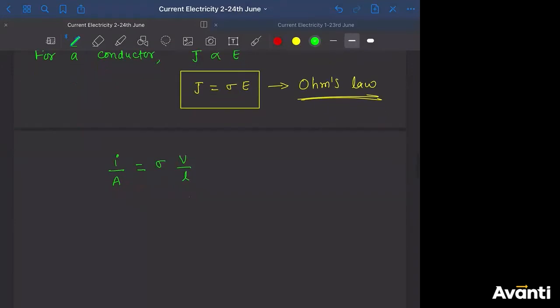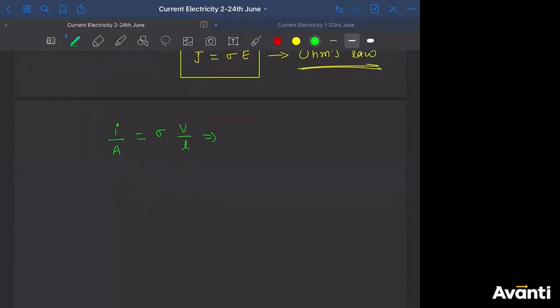So I can say directly E will be equal to V divided by L. Now from this part I will write V will be equal to 1 by sigma L divided by A into I. Correct, guys? What I'm saying V will be equal to 1 by sigma. This will come here to 1 by sigma into L. L will be in the numerator divided by A. So V is equal to 1 by sigma into L by A into I.